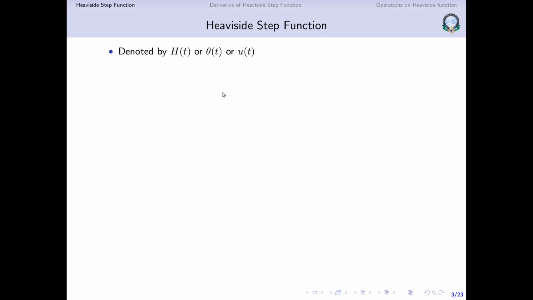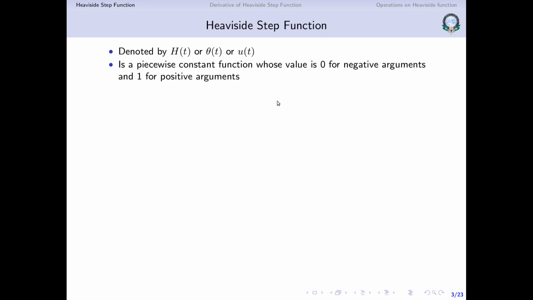Any of these could be used to denote the Heaviside step function. It's a very interesting function. It helps us to come up with an idealized representation of certain physical phenomena. So basically it's a piecewise constant function.